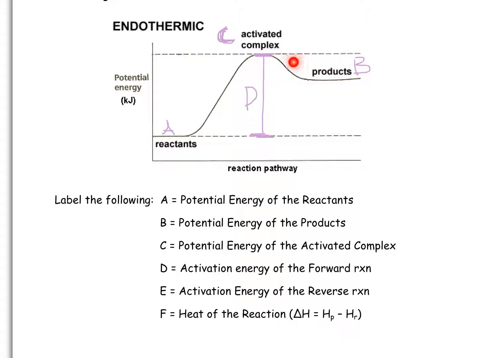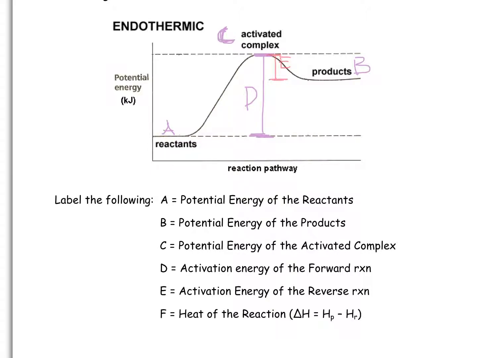Reverse meaning I start here and go there. It's very different at this point. I'm going to here, and I start right here. So this is my E, the activation energy of the reverse reaction.